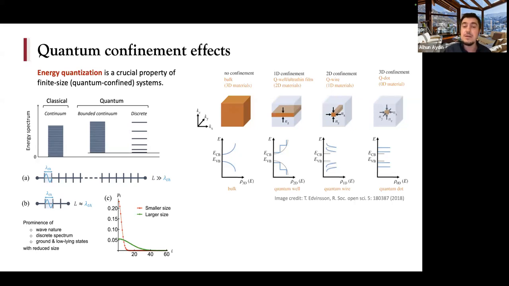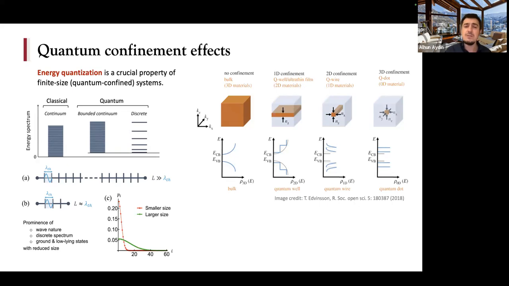For example, if you look at the system at thermal equilibrium, you see here the thermal population. It's basically the Boltzmann factor that I'm showing you. When you shrink the size of your system to very small scales, the discreteness becomes more apparent, and you see that the ground and low-lying states determine the whole behavior of the system.